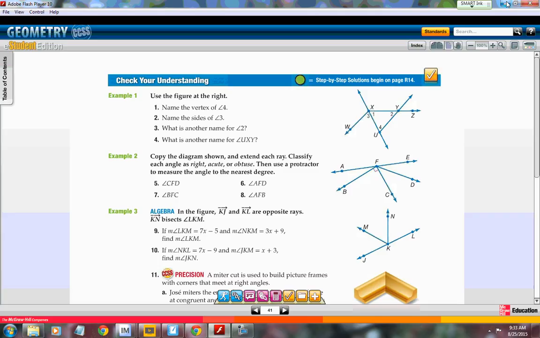Everybody listen, because a lot of people tend to make a mistake right here. If you look at 5 through 8, and if you read the directions, it says classify each angle as right, acute, or obtuse, and then measure the angle with the protractor. So if it says measure the angle, or use a protractor to measure the angle, you're going to use your protractor. But then look at the next set of problems. It's wanting you to find some angles, like angle LKN, angle JKN.